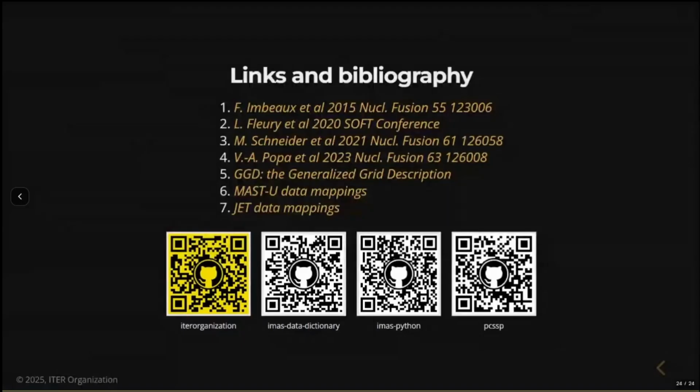We have several tools in the community that allow converting GEQDSK files into the equilibrium IDS, so these tools exist already. Then the idea is, if people have a small file format for a code, or for a group of codes, and want to invest effort to get conversions to the equivalent IDS format, that will be very much welcome.